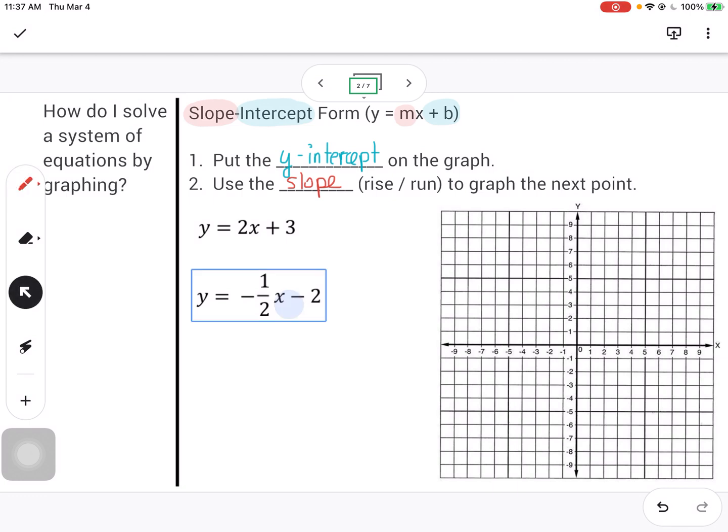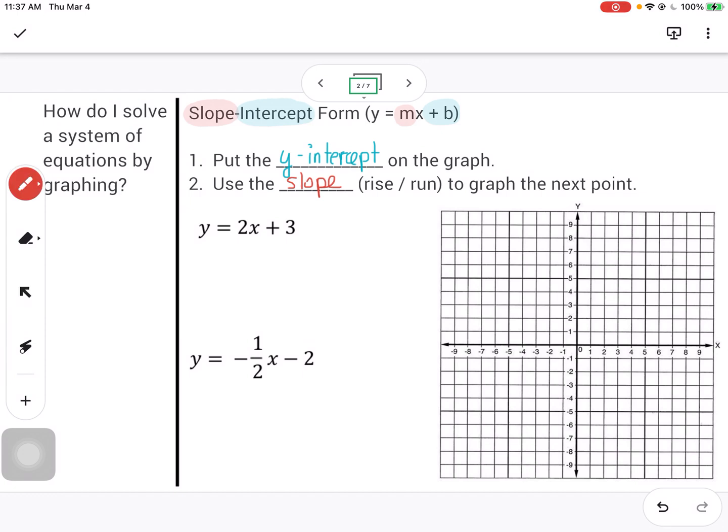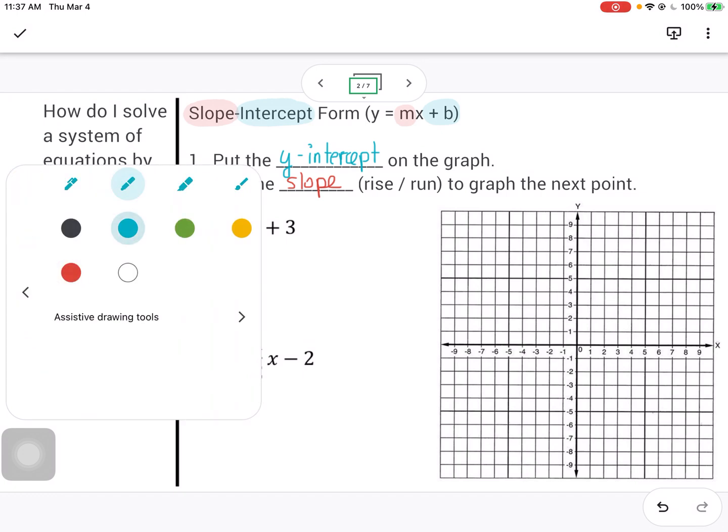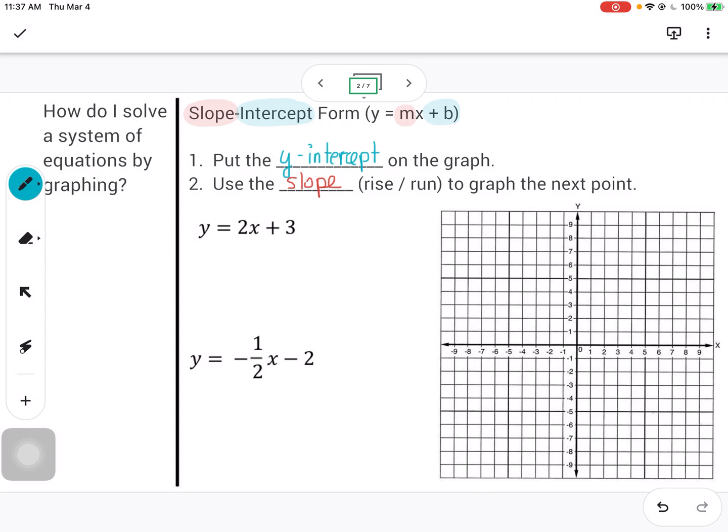So let's take a look at this first equation. First step, put the y-intercept on the graph. Our y-intercept is 3. So I'm going to start by putting 3 on our graph on the y-axis.